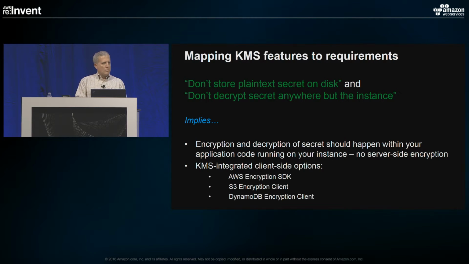So, what are your options on the client side? You could use the general AWS SDK and any of the KMS APIs to be able to pass some ciphertext blob and get a data encryption key. We also have some higher level SDKs, which are a little bit easier to use in various environments.